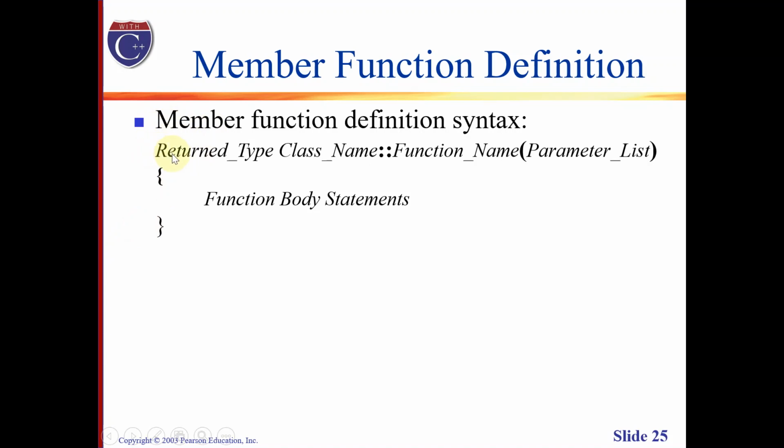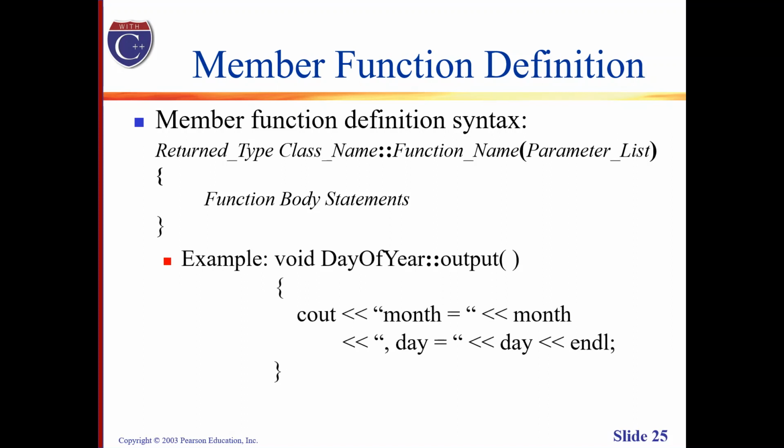In this case, we indicate the return type, and then the class name to which the function belongs, then this operator, followed by the function name, and of course, the parameter list should our member function require any. Then inside our function body are the C++ statements which compose our function definition. Here's a specific example.